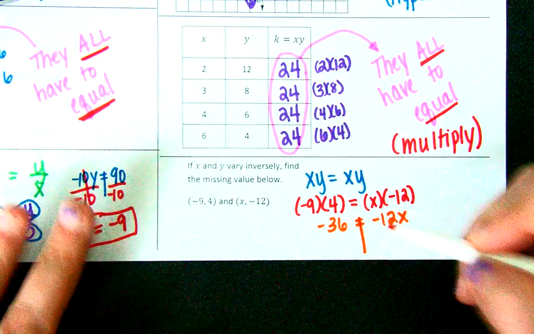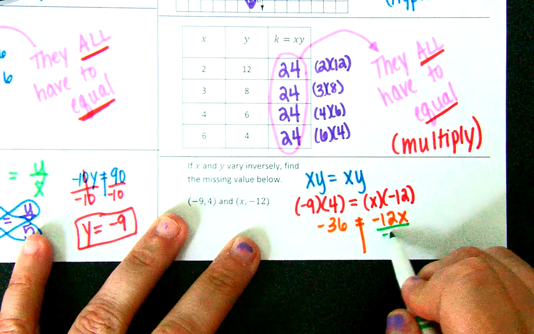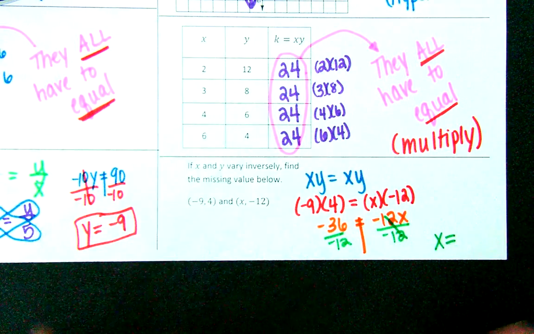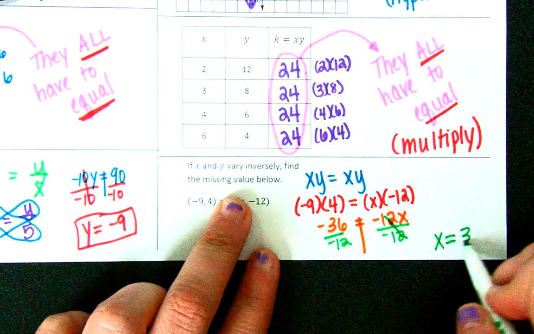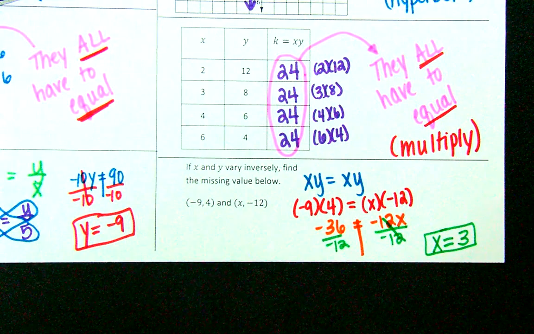Now, how do I get x by itself? You are correct. I divide by -12. And so x equals -36 divided by -12, which is 3. So my missing x value was 3.